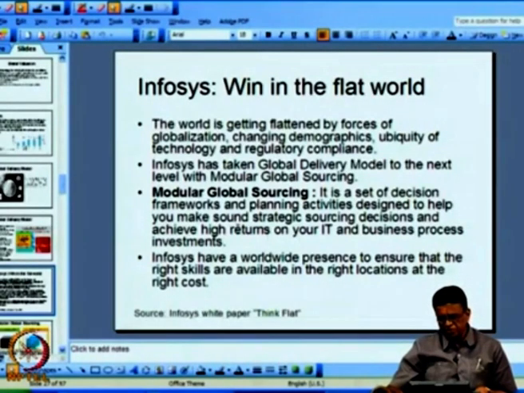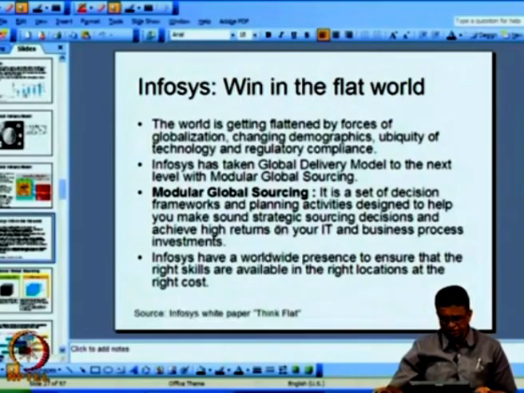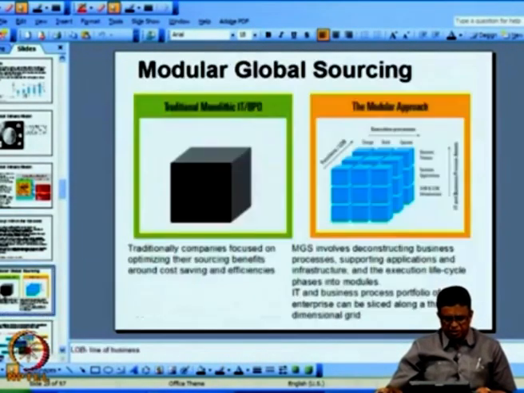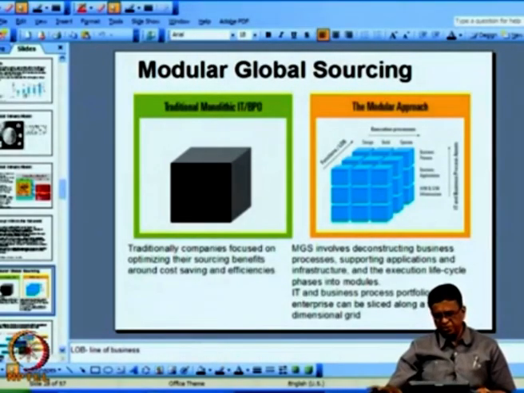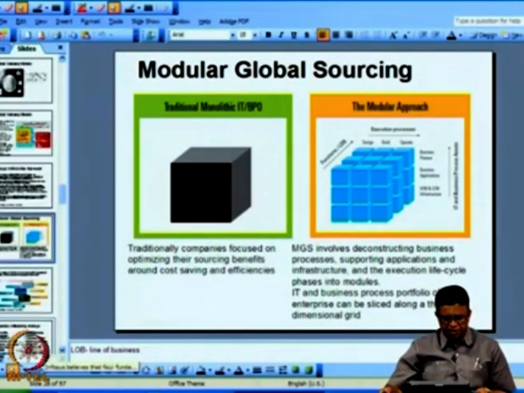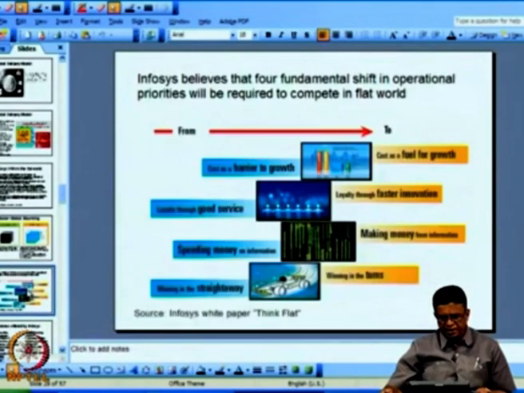It is a set of decision frameworks and planning activities designed to help you make sound strategic sourcing decisions and achieve high returns on your IT and business process investments. Then some indicators on modular global outsourcing with respect to traditional monolithic IT, then the modular approach given by this slide, then what is the fundamental shift required in a flat world.